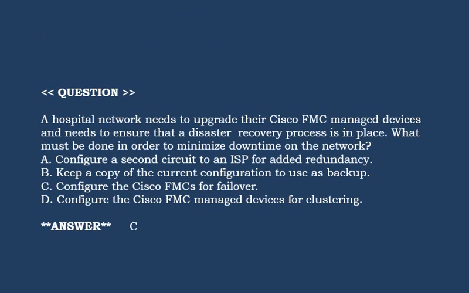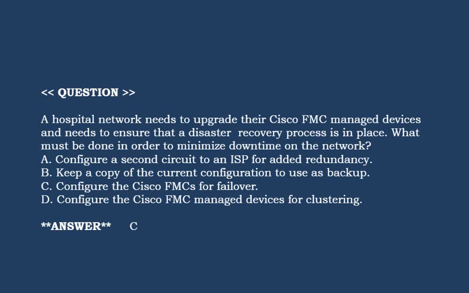Next question is, a hospital network needs to upgrade their Cisco FMC managed devices and needs to ensure that a disaster recovery process is in place. What must be done in order to minimize downtime on the network? Option A. Configure a second circuit to an ISP for adding redundancy.